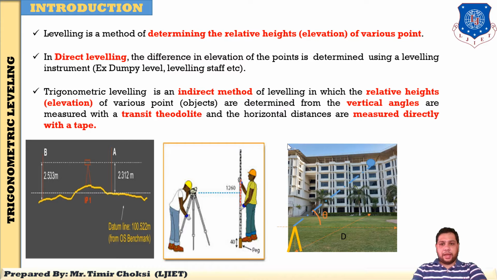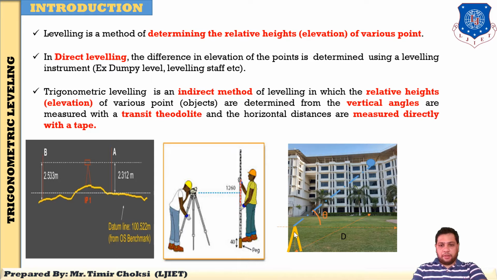Now I describe it with a figure. This is our LJ campus ground and this is our building. Now you find the height of the building, that is, this point. You do not find the elevation directly, so you take an indirect method.